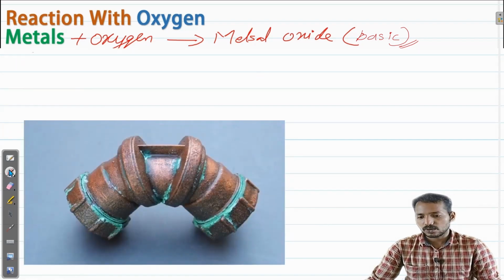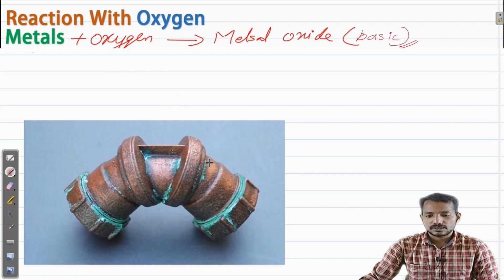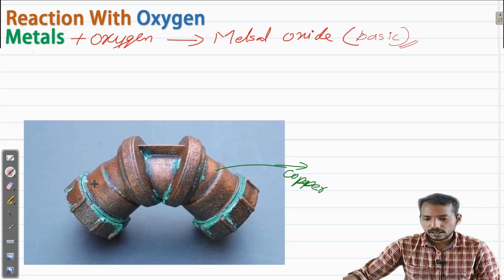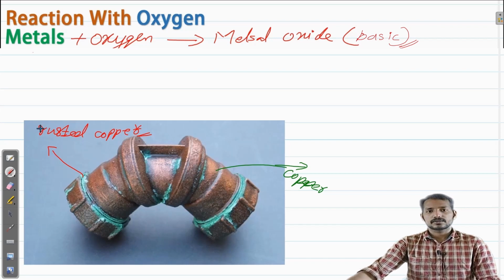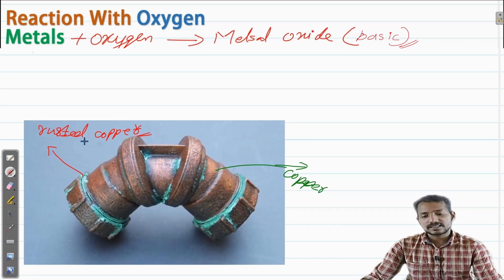Have you seen this one? What is this? This is copper. Copper is a metal. And you can see here some green coating is there, right? This is actually rusted copper. Clear? But here the rusting of copper, that reaction is a little complex.